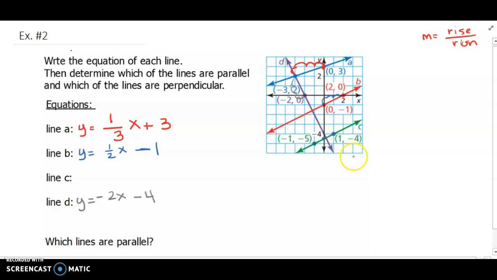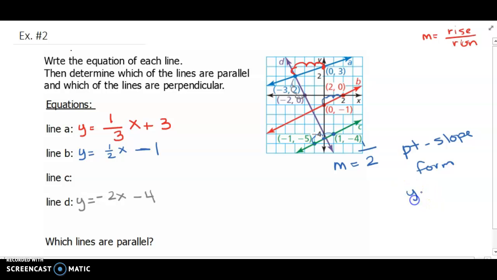Right here, it's not on a solid number. So I'm going to do it a little bit differently. We can still count that the slope is up 1 over 2. So the slope is still 2. Sorry, 1/2, up 1 over 2. Slope is 1/2. Now, I'm going to write this in point slope form.